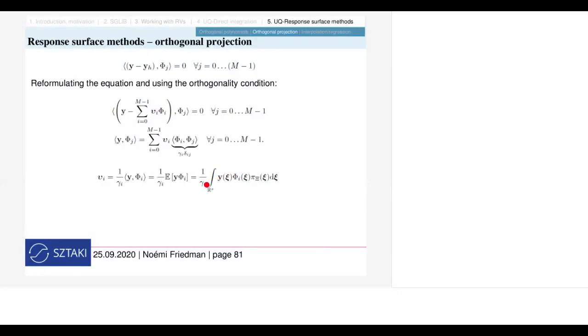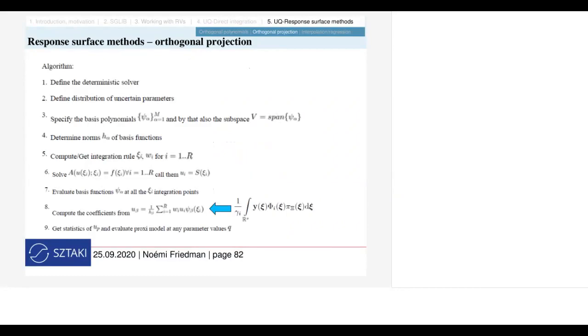But as I said, an integration can be approximated with a numerical integration. So if you can compute this y at certain points, in this case the integration points, then I need to evaluate this whole term at those integration points and use the corresponding integration weight, and this way I can simply compute the coefficient.